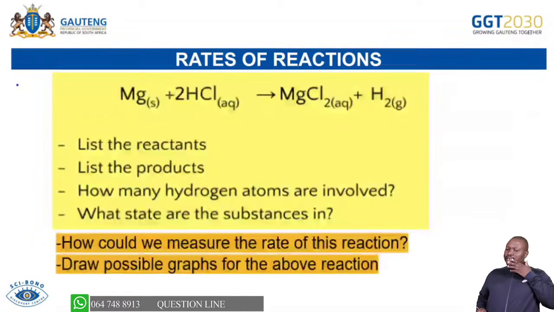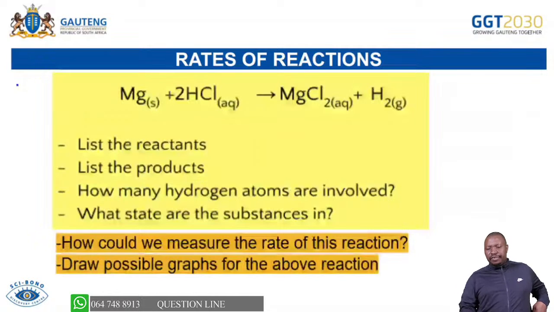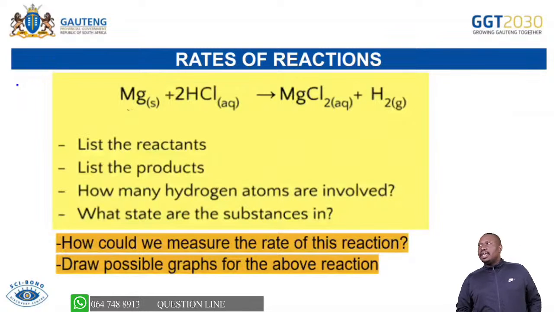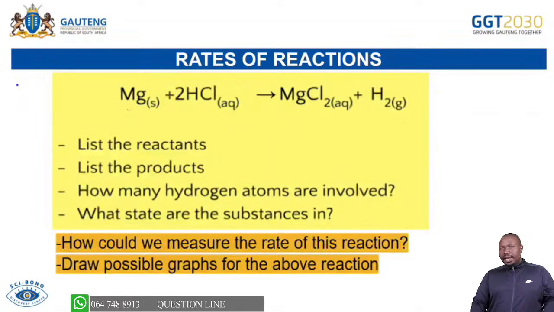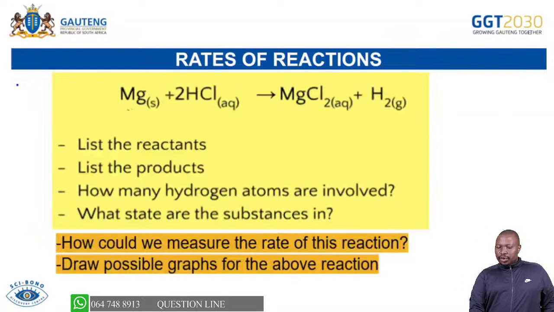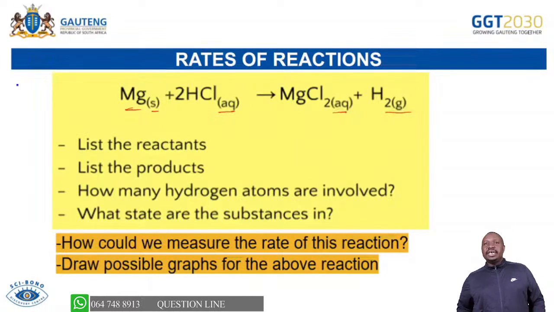Now, don't forget that with these reactions, for example magnesium reacting with hydrochloric acid forming magnesium chloride and hydrogen gas, it's important for you to look at the state of the reactants. Magnesium is a solid, hydrochloric acid is aqueous, and then you have an aqueous solution of magnesium chloride and hydrogen as a gas.